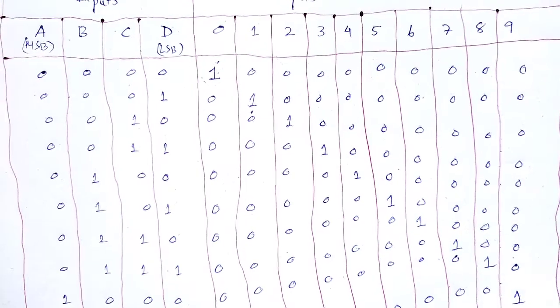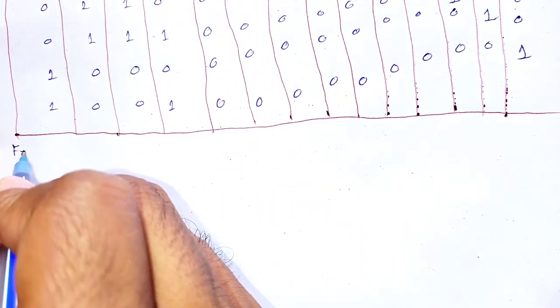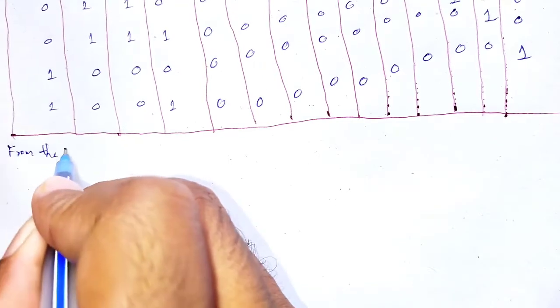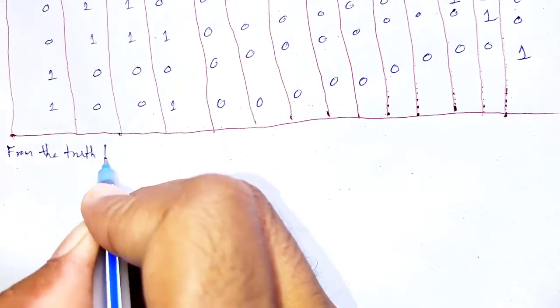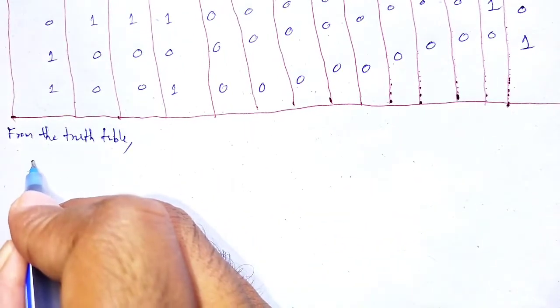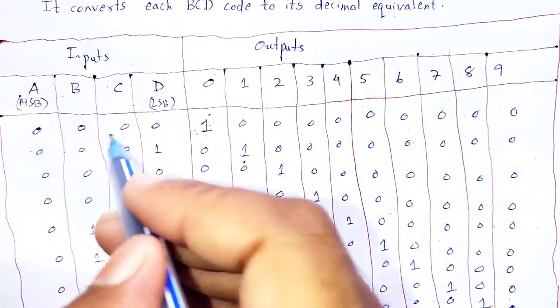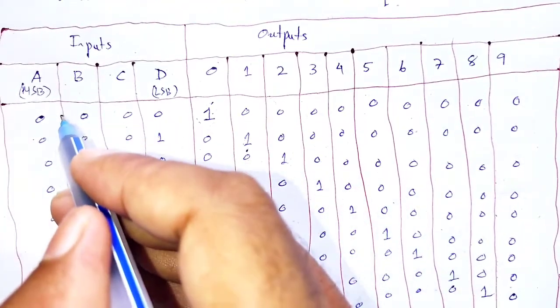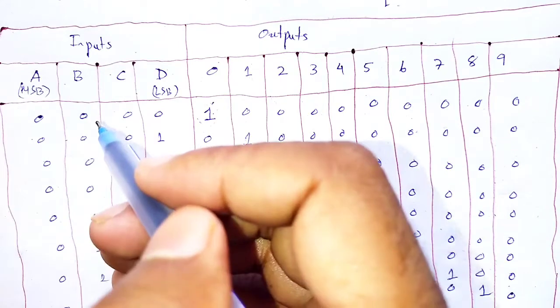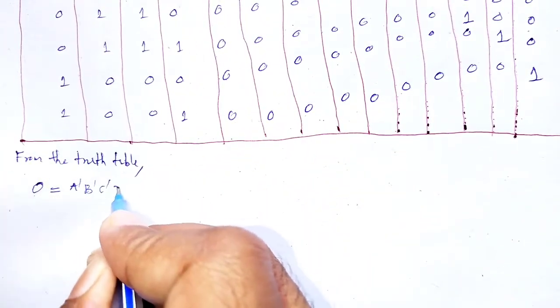Taking that way, we write from the truth table. For 0, all are 0: A B C D 0 0 0 0, where 0 is primed and 1 is unprimed, so A dash, B dash, C dash, D dash.